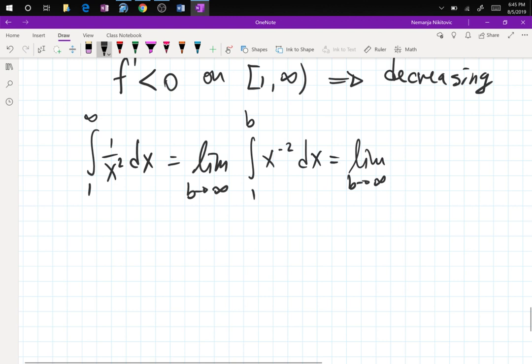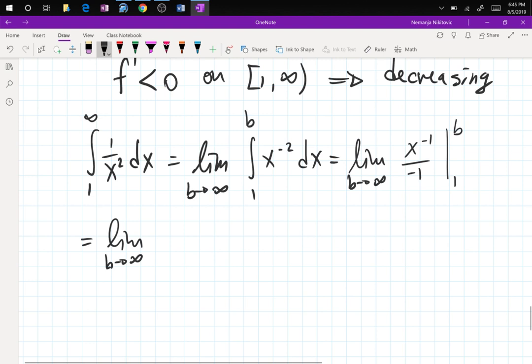And I have the integral of this is x to the minus 1 divided by minus 1, computed from 1 to b.